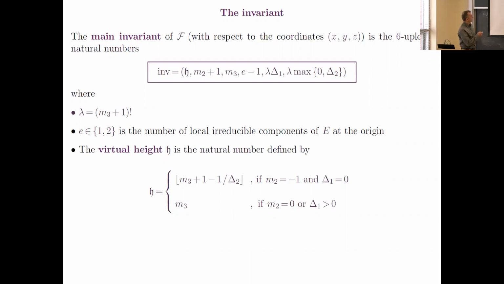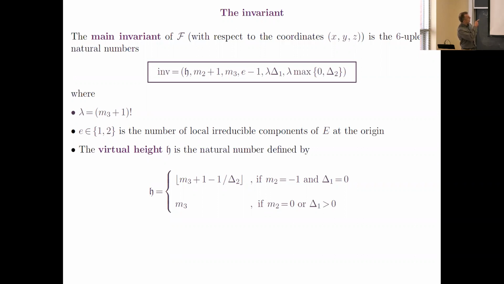But of course, as I said, we have to be careful, because these are numbers which are computed with respect to the Newton polyhedron, written in some system of coordinates. Of course, this is far from being an intrinsic object associated to the foliation itself.